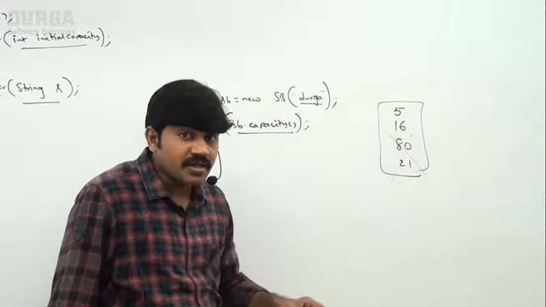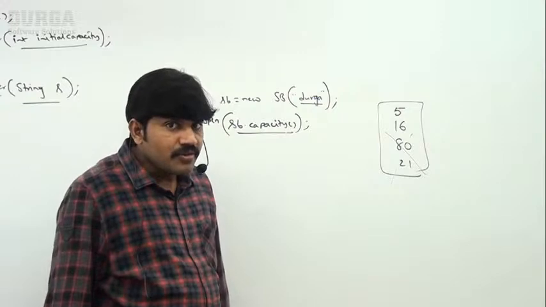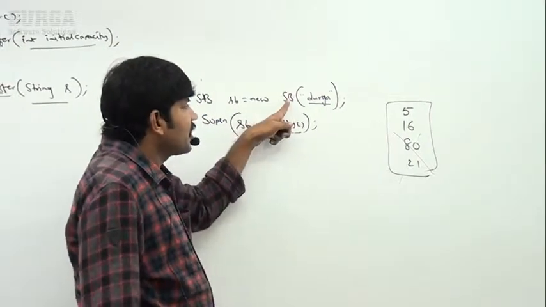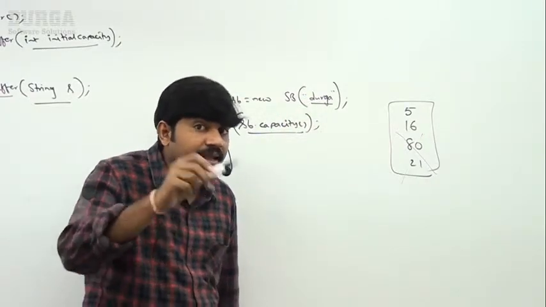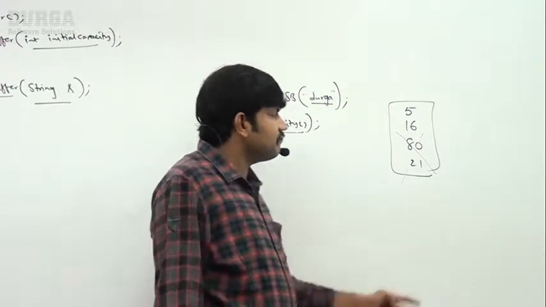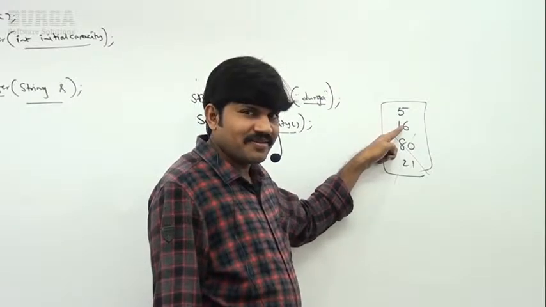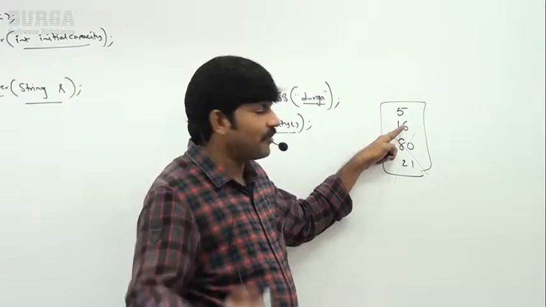Or otherwise the default initial capacity 16. So please guess: if you are creating a StringBuffer for the given String, is the capacity 5 or 16? Keep one answer in your mind.